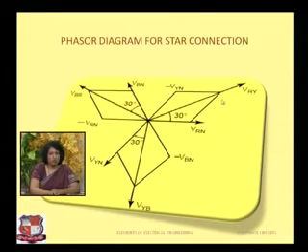Thus, what do we observe here is the VRN and VRY. The VRN lags VRY by 30 degrees. Means the phasor difference between line voltage and phase voltage is 30 degrees. The angle between VRN and VRY is 30 degrees. VRN is lagging VRY by 30 degrees.